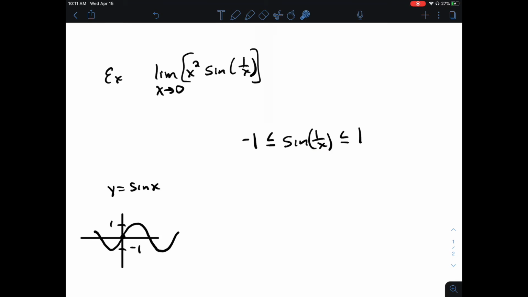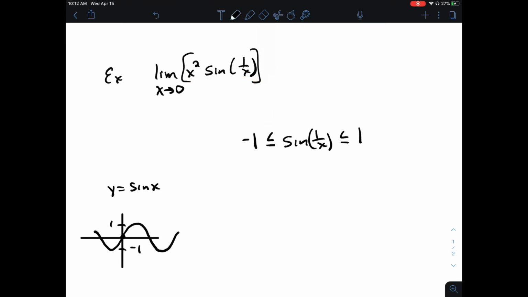Now, once you've established this, and you can't just pick random things for this to work with, these problems are specific and difficult, and I'm telling you it's going to be between -1 and 1, and hopefully it makes sense to you once I've said that. We want to manipulate this inequality so that we have an x squared times sine of 1 over x in it. We currently don't have an x squared.